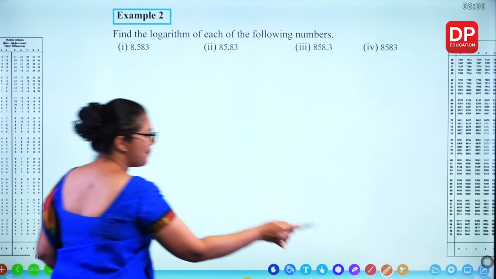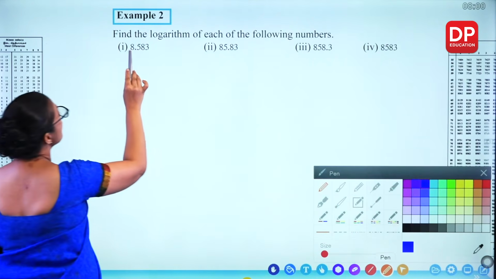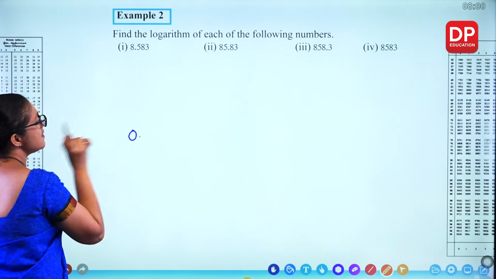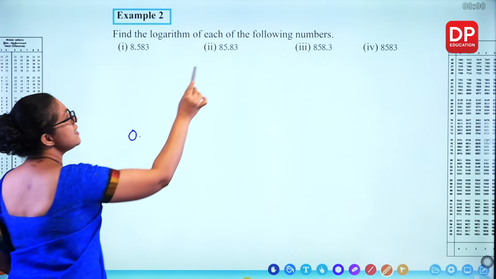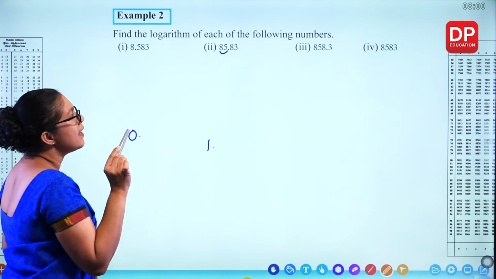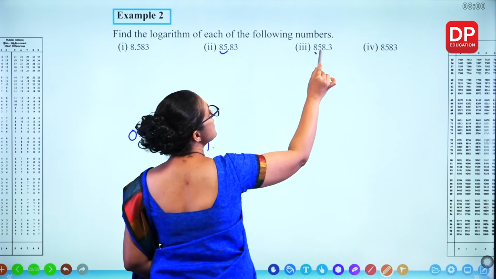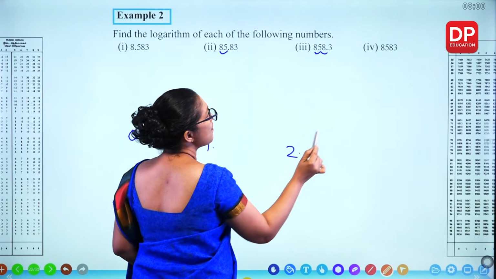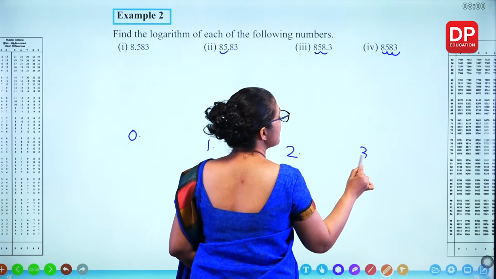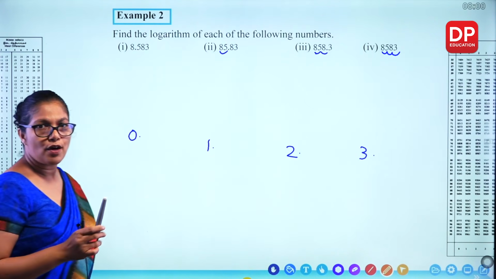Look at the number. This is 8 point something, so characteristic is 0. 85, 1 point something. 858, 2 places to the right, 2 point something. Here 1, 2, 3. 3 point something. That's how you find out the characteristic.